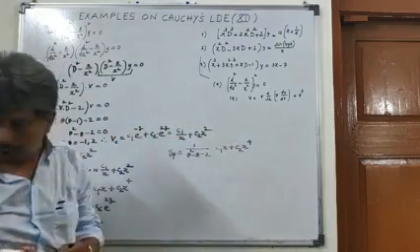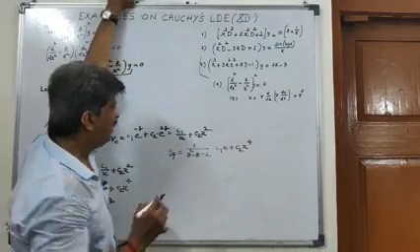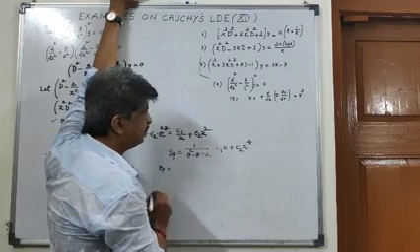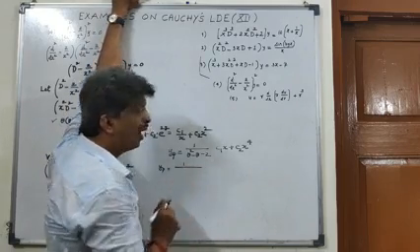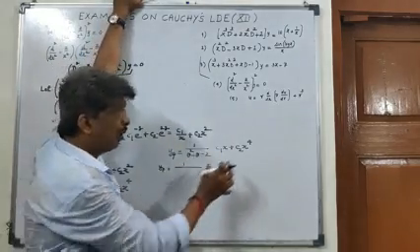YP is one upon, now I would be taking out minus 2 common, because this is the algebraic case.